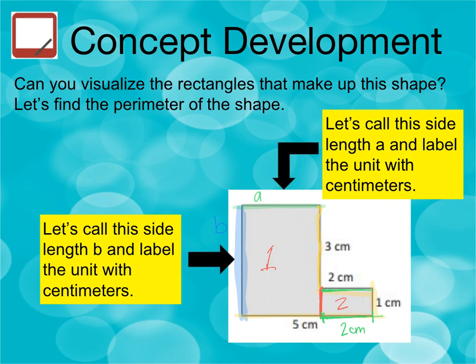And if that whole line is 5 centimeters, and I know that this section is 2 centimeters, then that tells me that this section of my rectangle is 3 centimeters. And this section of the rectangle is the same size as this section, so therefore A is equal to 3 centimeters.